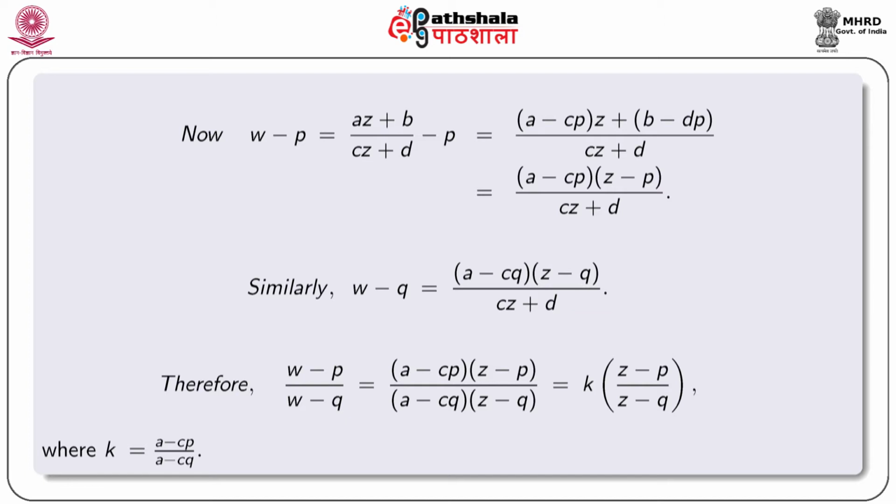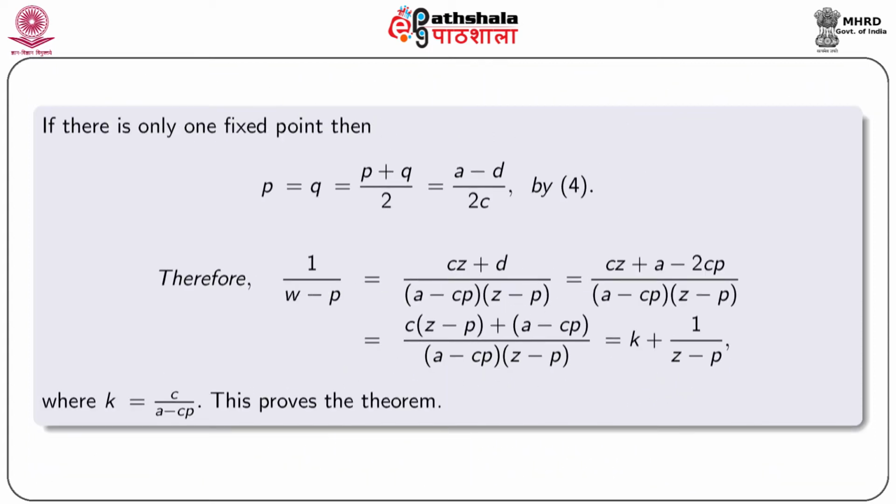Therefore, (w − p)/(w − q) = (a − cp)(z − p)/((a − cq)(z − q)), that is equal to k (z − p)/(z − q), where k = (a − cp)/(a − cq).